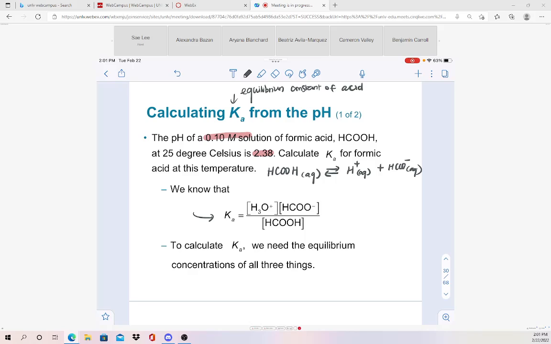This is the equation, okay? And then the equilibrium constant Ka expression is going to be product concentration divided by reactant concentration.